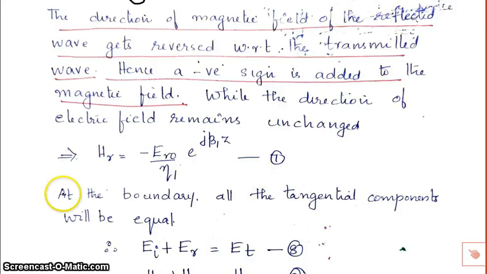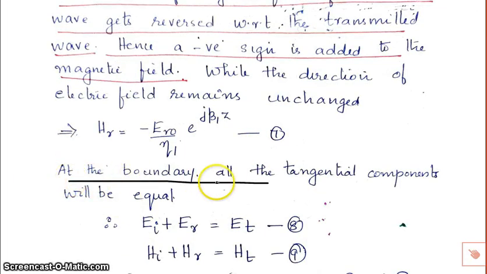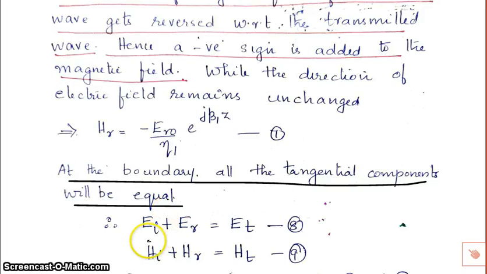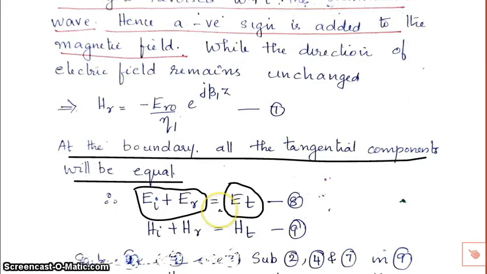Now at the boundary, all the tangential components will be continuous. So in medium 1 you have two electric field tangential components, which are Ei and Er, and in medium 2 you have one electric field tangential component, that is Et.